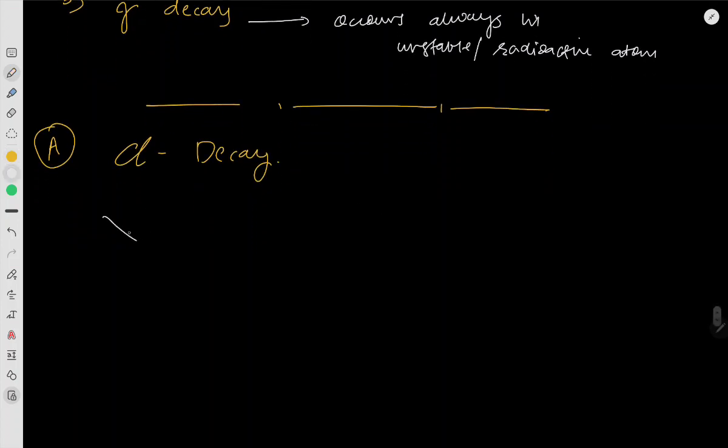We'll take an element X that has its mass number A and atomic number Z, and after some time it decomposes into another element Y such that it releases an alpha particle, and an alpha particle is a helium nucleus, that is He2+, or I can write it as 4He2.